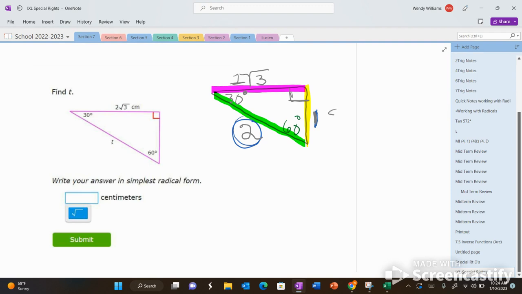So to go from the small leg to the hypotenuse, we take the small and multiply by 2.